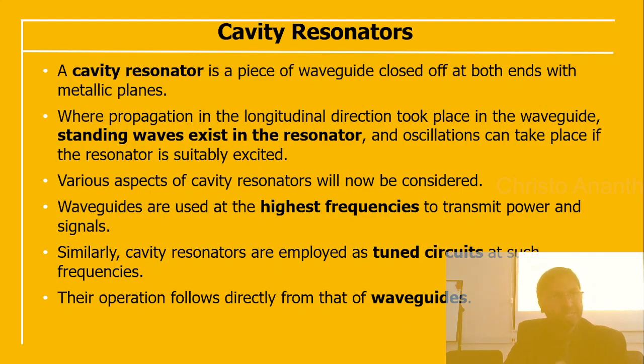It's actually a piece of waveguide closed at both ends with metallic planes. Here the propagation in the longitudinal direction takes place in the waveguide. Standing waves exist in the resonator, and oscillation can take place if the resonator is suitably excited. Several aspects of cavity resonators can be considered.